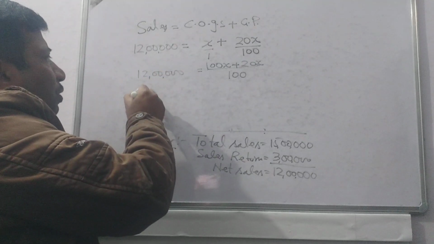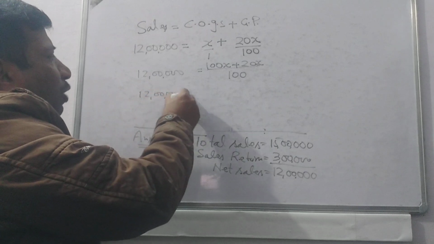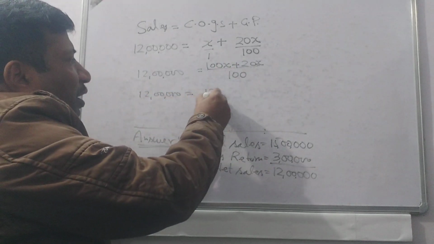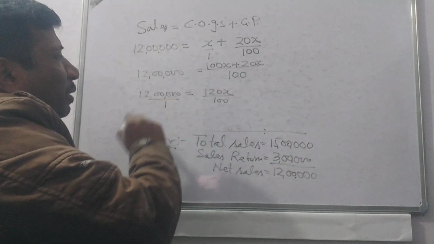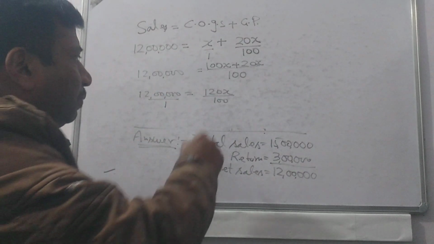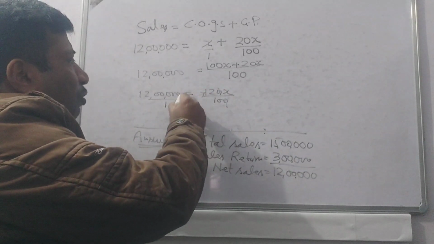Now it is very easy. 12 lakh rupees must be equal to 120X divided by 100. इस जीरो से ये जीरो कैंसिल कर सकते हैं, क्रॉस मल्टीप्लाई कर लेंगे दोनों टर्म्स का.